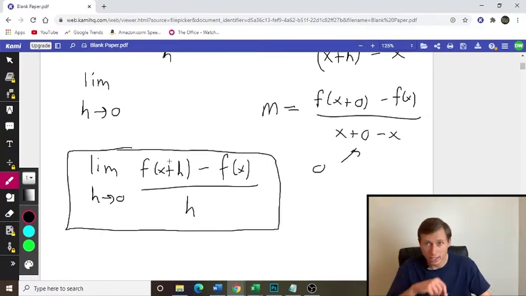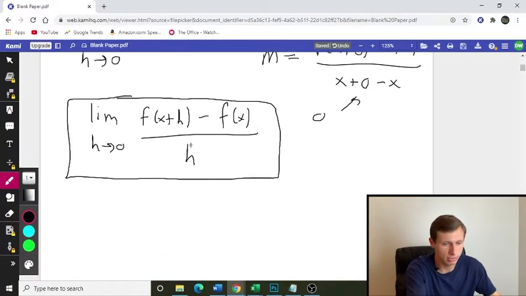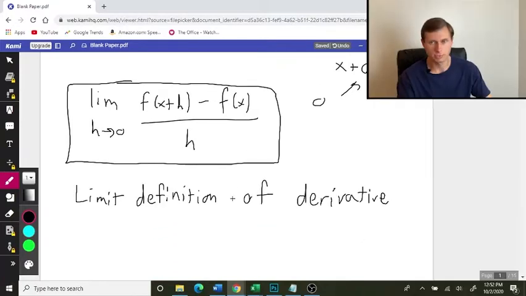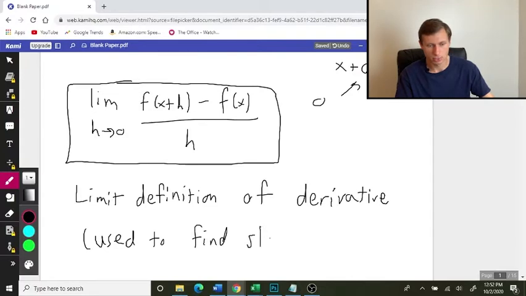This right here is known as the limit definition of the derivative. And it's used to find the slope of any function. We can find the slope of any function if we can compute this limit.